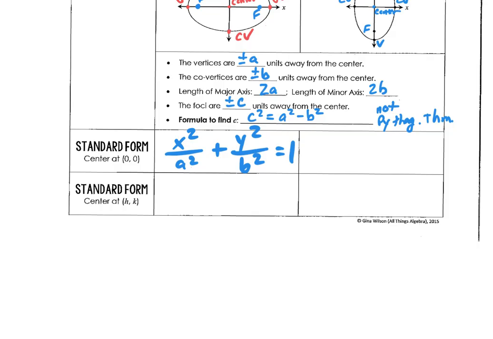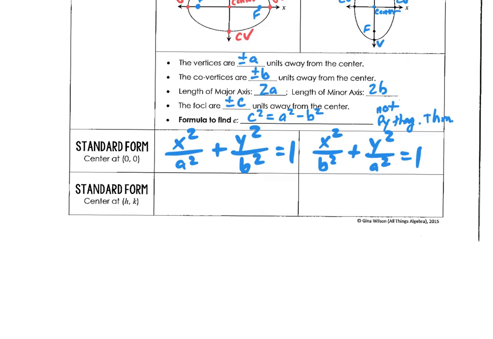And that would be for a horizontal ellipse. If we have a vertical ellipse, the only thing that is different is the a squared and b squared will flip-flop. But the one thing is it would always equal 1.